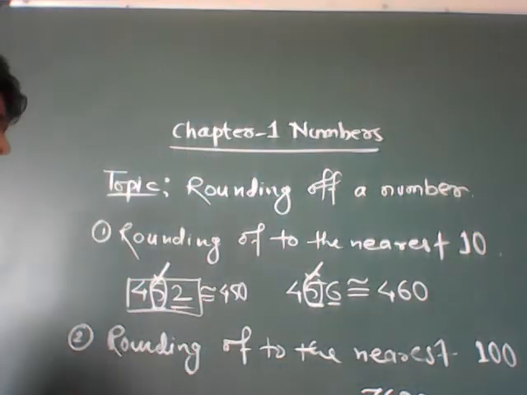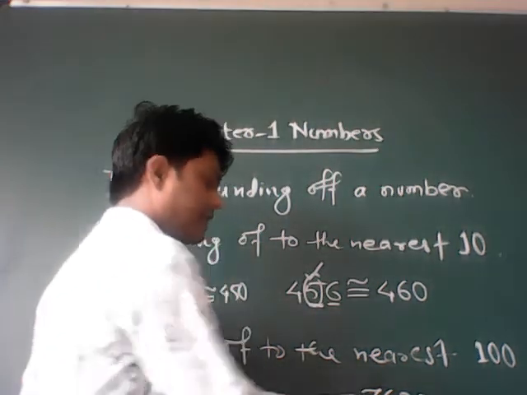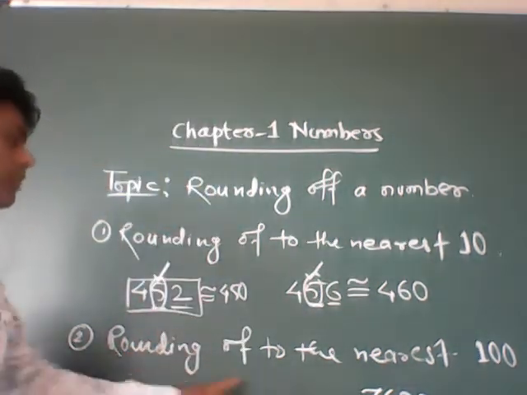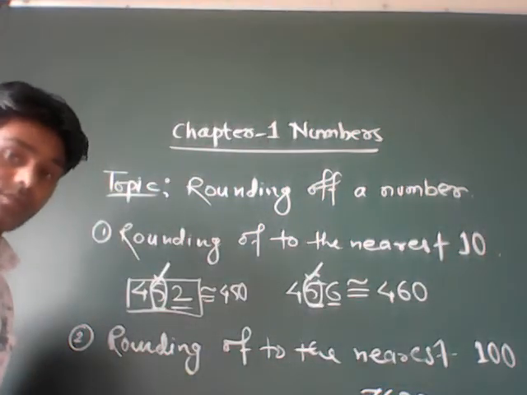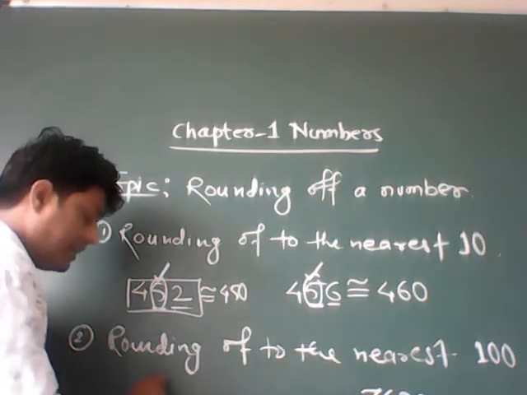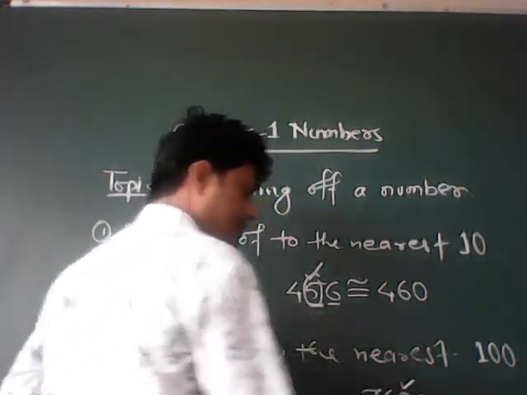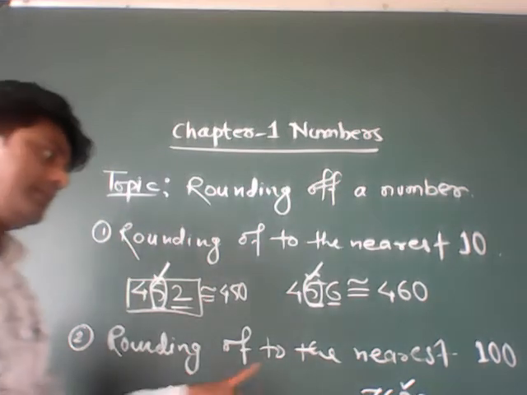Now, very first we have to underline the digit of the place we have to estimate. Rounding off to the nearest 100 means we have to estimate the hundreds place, right? So first of all we underline, and then we check the next digit to that particular place. You can see here is 3 and here is 8.